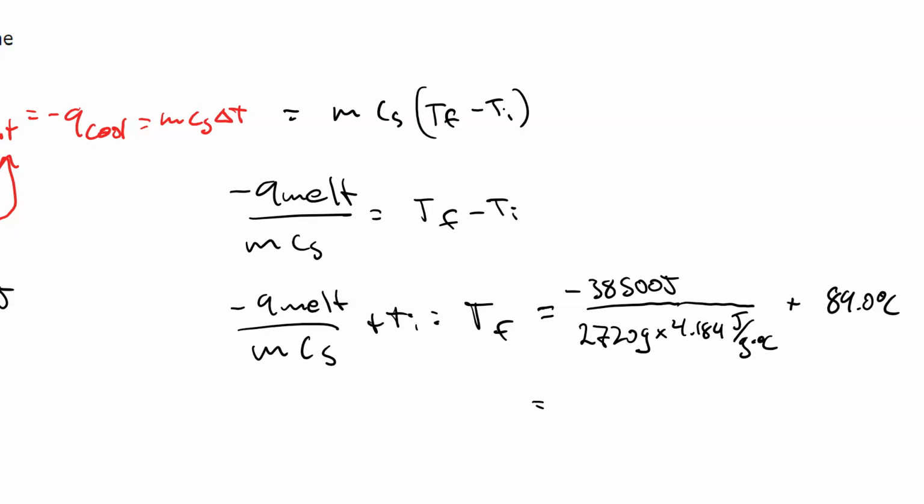When I plug this all into my calculator, negative 38,500 divided by 2,720 times 4.184, I get negative 3.38 degrees Celsius plus 89.0 degrees Celsius.